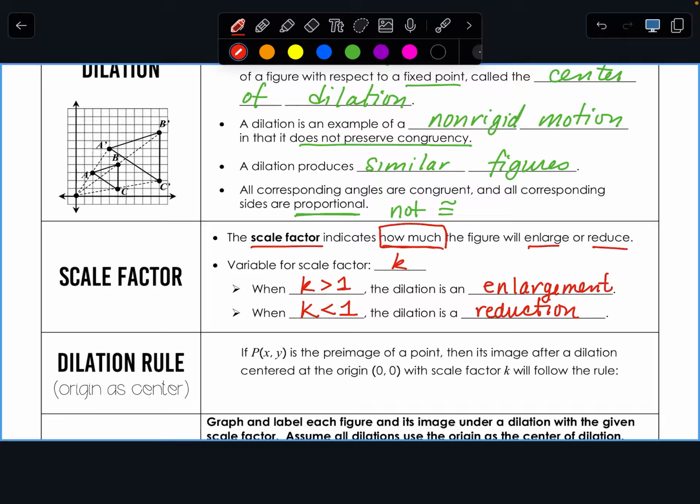Now, why do we care what the number makes it? Because that's one of the ways that you can check that you're doing it right. If you graph something and you know it's supposed to be bigger, and it's not, then you've made a mistake someplace. So these different pieces are checks and balances.